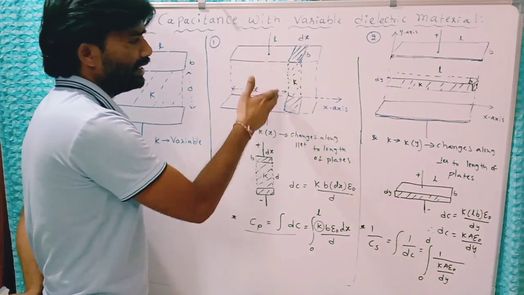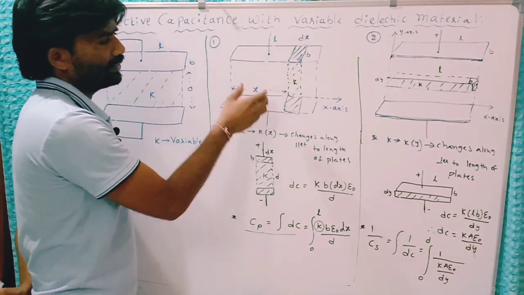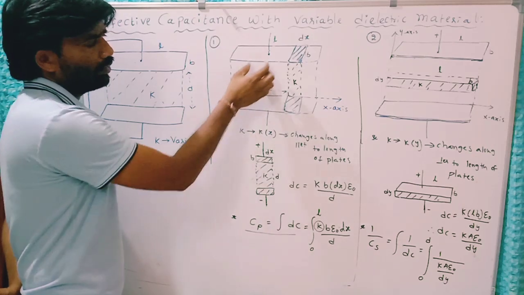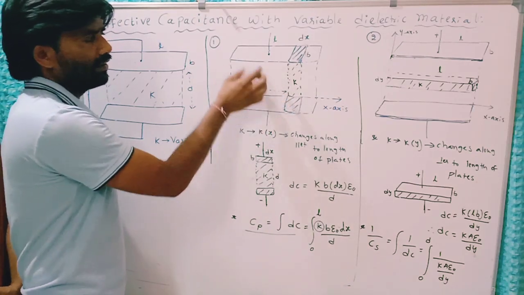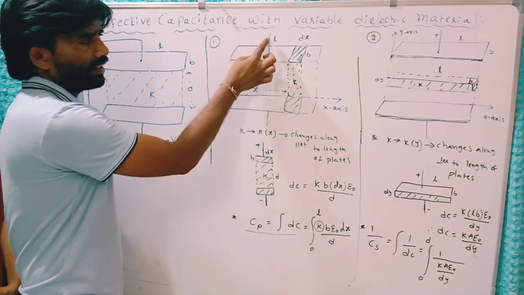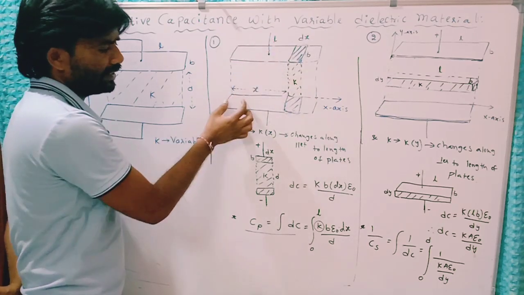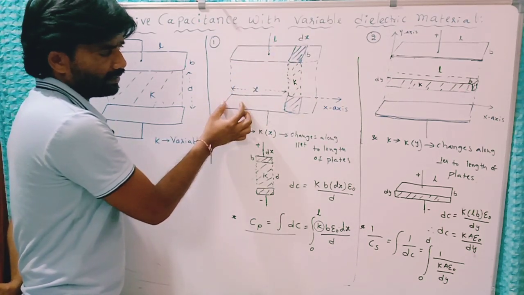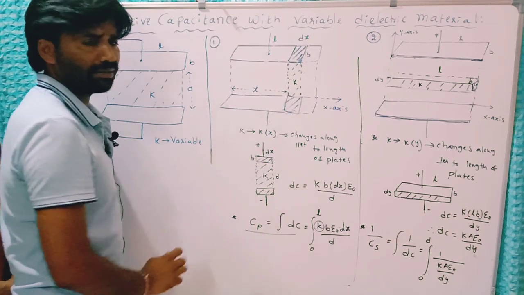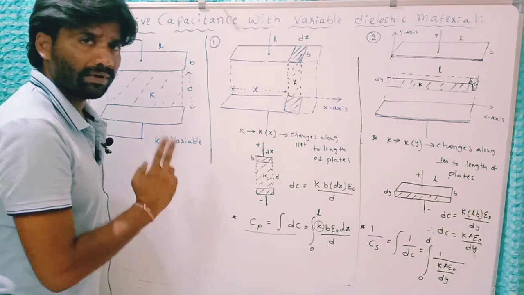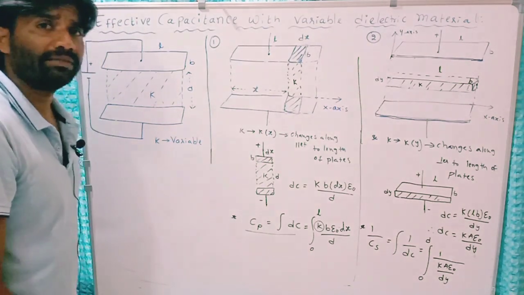After writing this, to get the effective capacitance, you can see that when you split this capacitor into small identical elements, all the elements look parallel to each other. All positive plates are connected to this terminal and negative plates of those elements are connected to this terminal. It means all of those are in parallel.